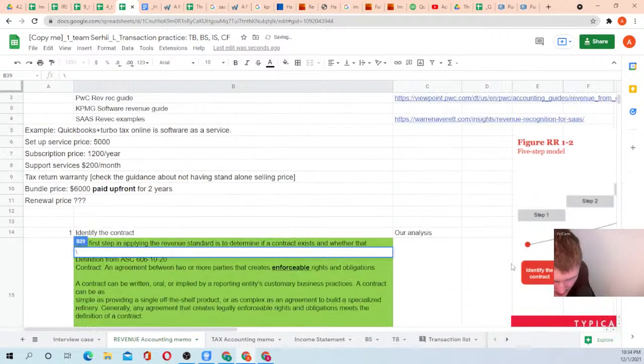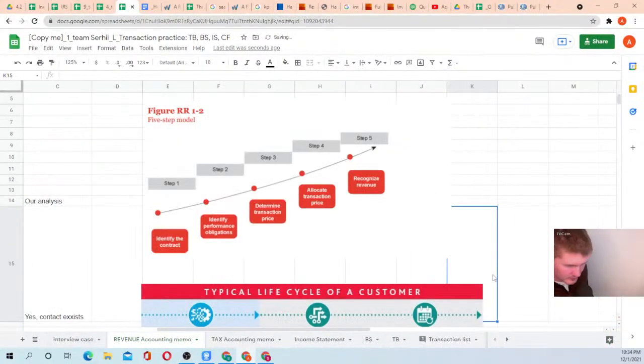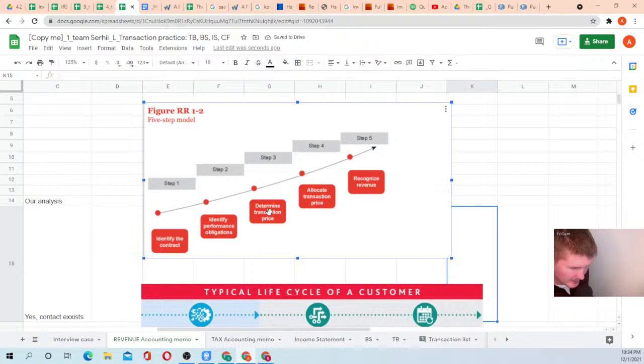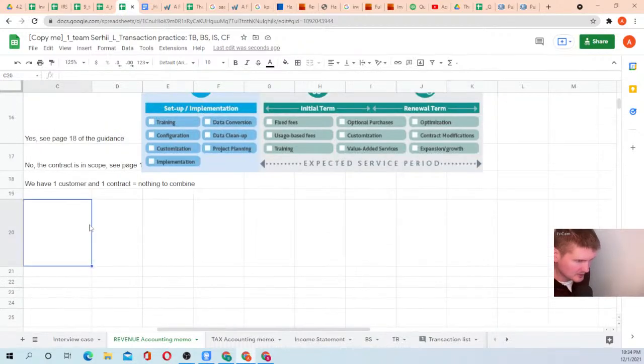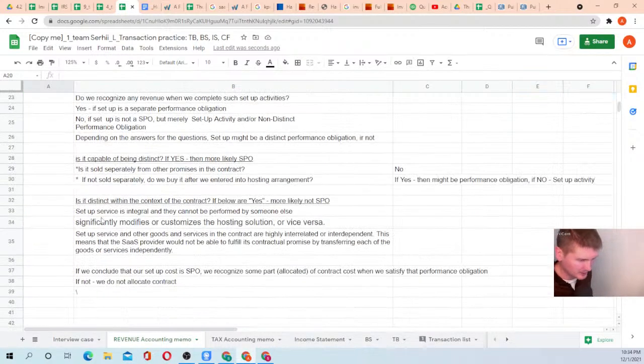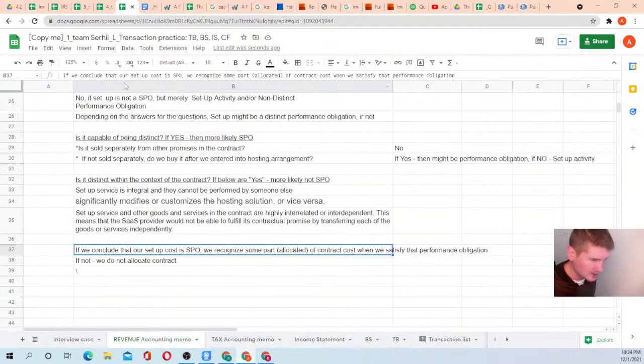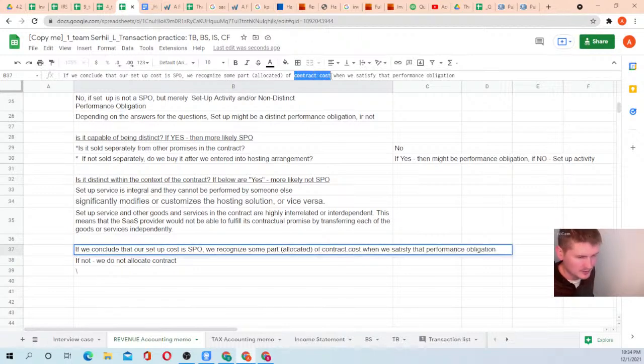Okay, let's come back here. So we identified the contract here, and we have transaction price. That's step 3. Now we are just identifying performance obligation. So the correct term would be transaction price. If we conclude that our setup cost is a separate performance obligation, we recognize some part of transaction price.